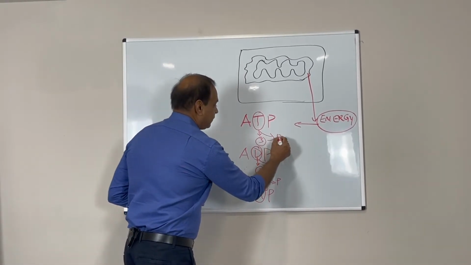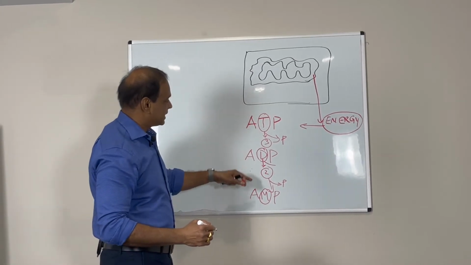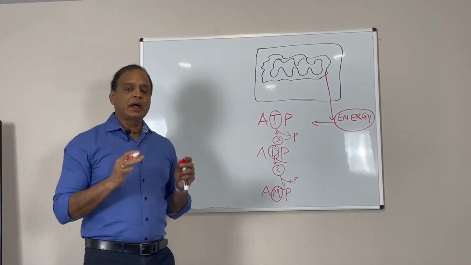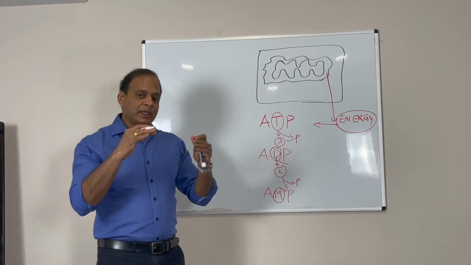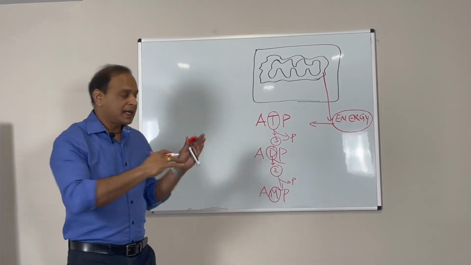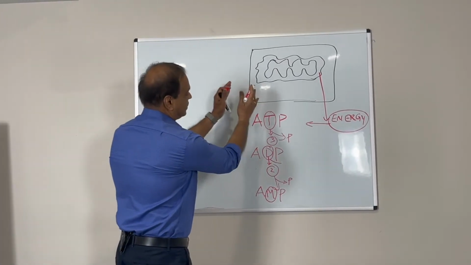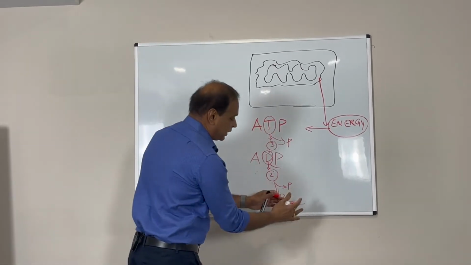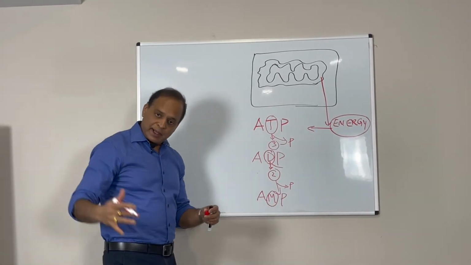Now this is the process that happens, and normally in the body, whenever energy comes down, when reactions happen and it comes to the cell, the body will recycle and try to make more energy.